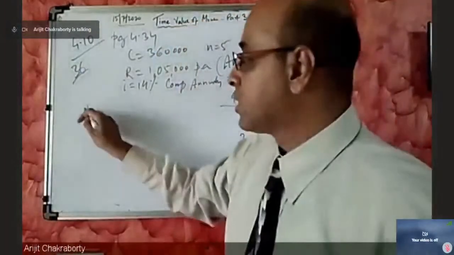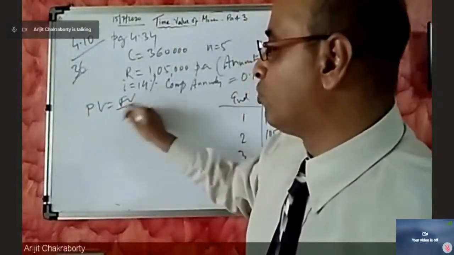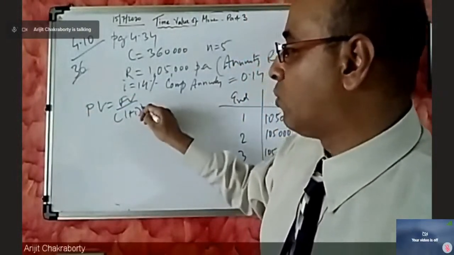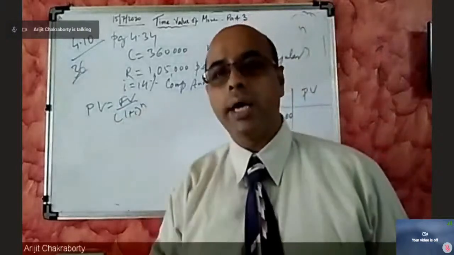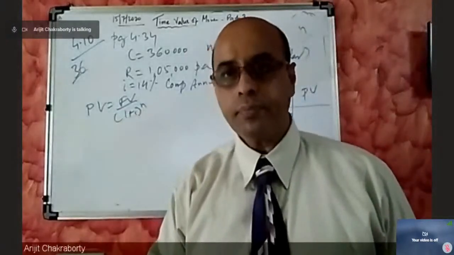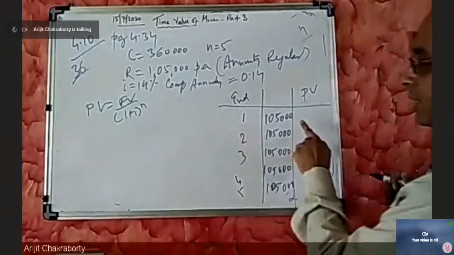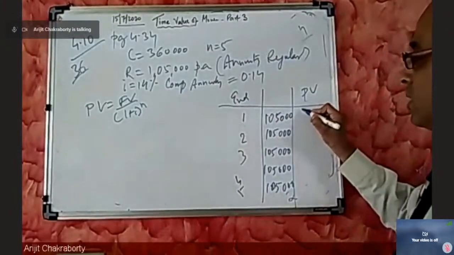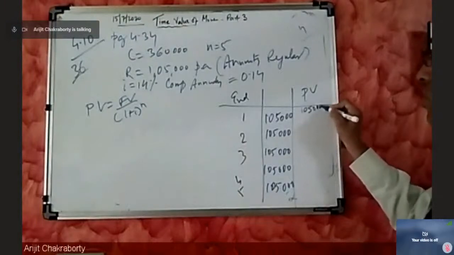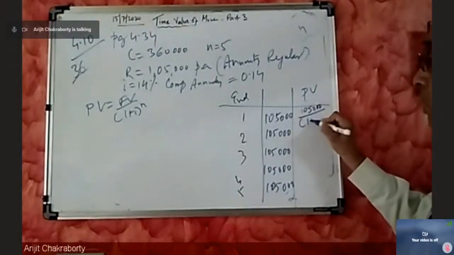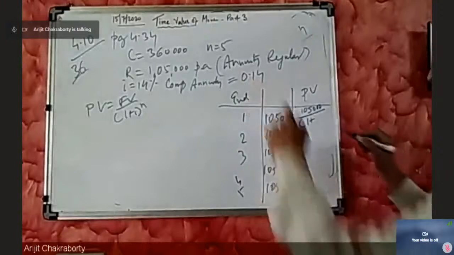We know present value is equal to future value divided by 1 plus I to the power n. When n is 1, first year means n is 1. So the present value is 105,000 divided by 1 plus I, and I is 0.14.